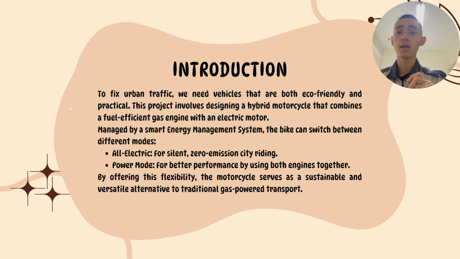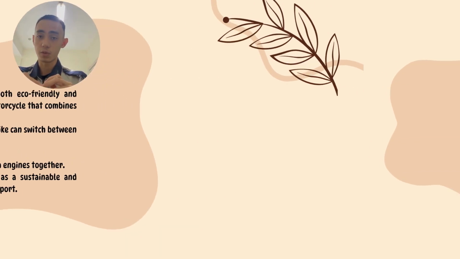First, all-electric for silent, zero-emission city riding, and second, power mode for better performance by using both engines together. By offering this flexibility, the motorcycle serves as a sustainable and versatile alternative to traditional gas-powered transport.